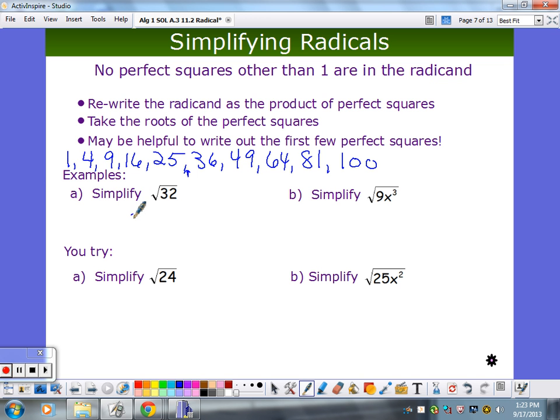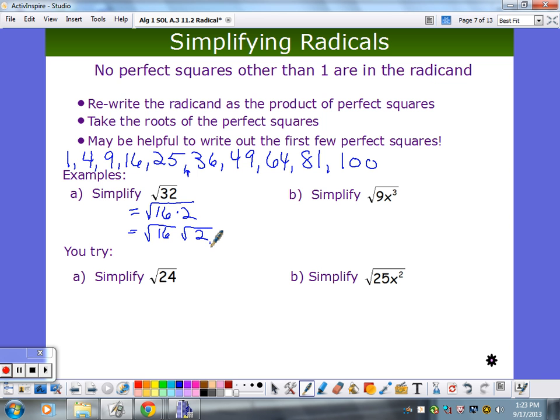16 times what is 32? 16 times 2. So I'm going to rewrite this as a product. Isn't 32 the same as 16 times 2? And it's the square root of 32, so it's going to be the square root of 16 times 2. All I did was put this in factor form, with the perfect square first. Okay? Now I'm going to take that rule I just told you about. If I'm multiplying stuff inside a radical, I can make a radical of each thing.